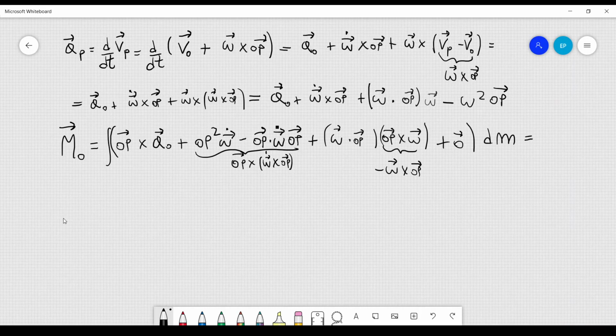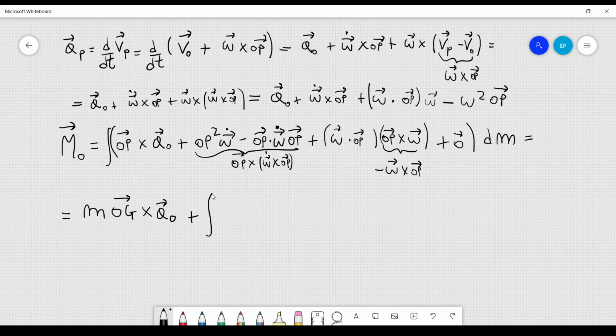I have equal to, I can integrate this. That's just the mass of the body times OG cross product AO. So I can integrate this one very easily. This is just a constant for the integral, so I can integrate OP.